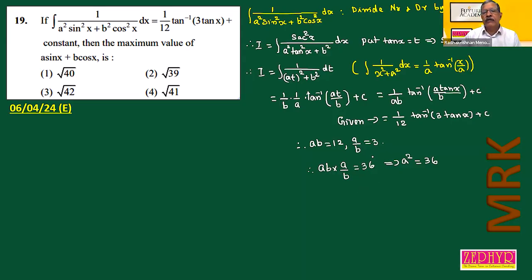So we have to find out B. B is equal to A by 3.